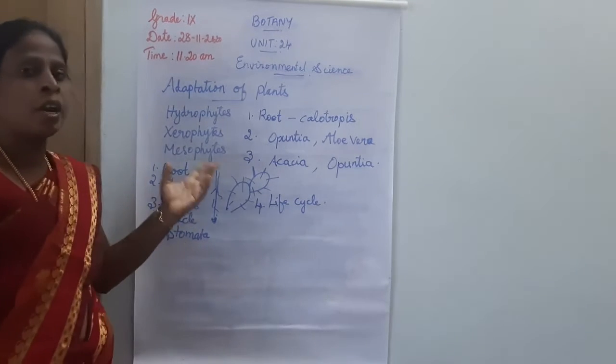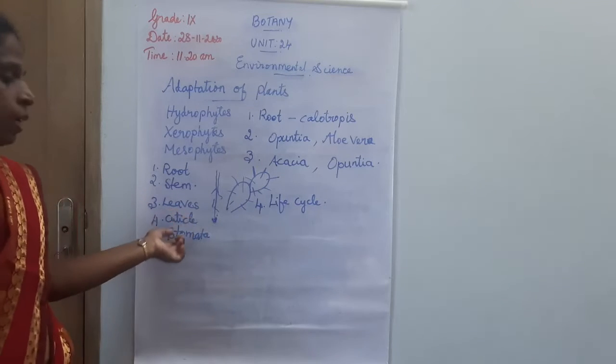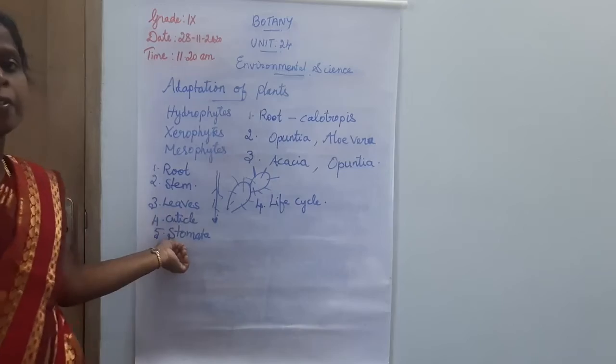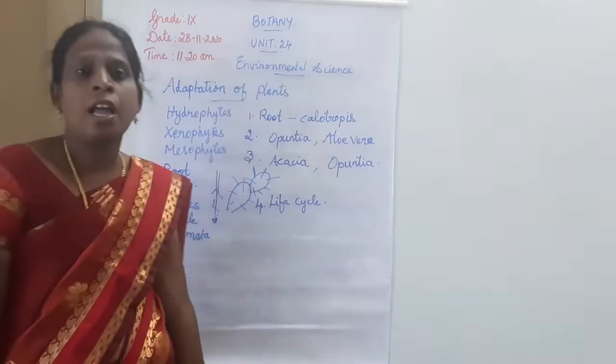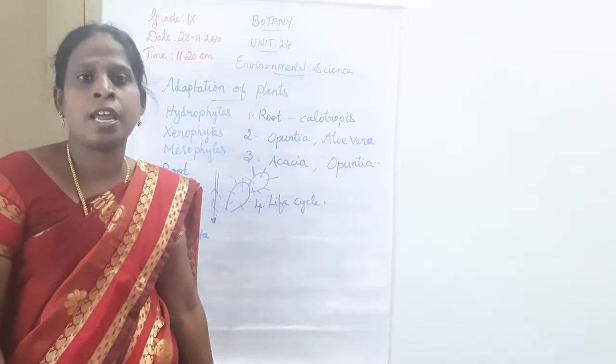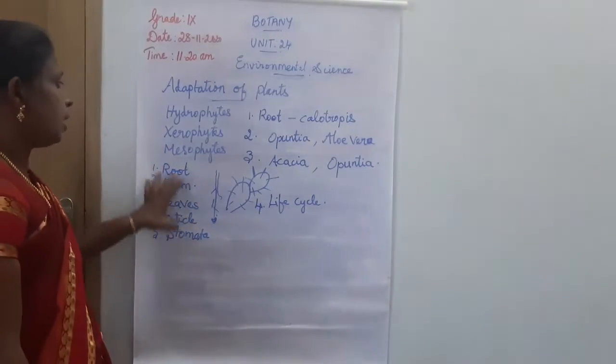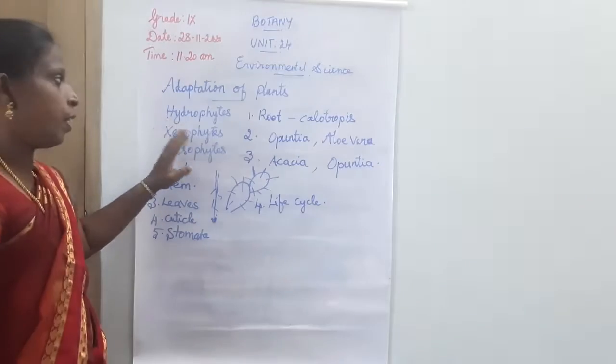The leaves are broad and thin. The cuticles are present to reduce the transpiration rate. Then in the leaves, the stomata are present and during very extreme hot conditions, the stomata are closed and it can reduce the transpiration rate. So these are the adaptations of mesophytes.